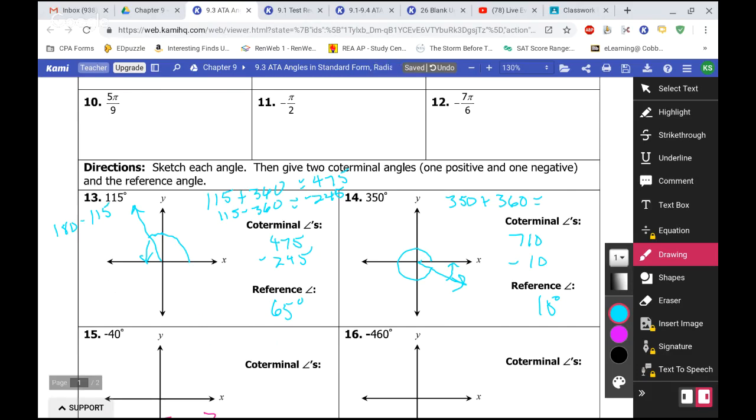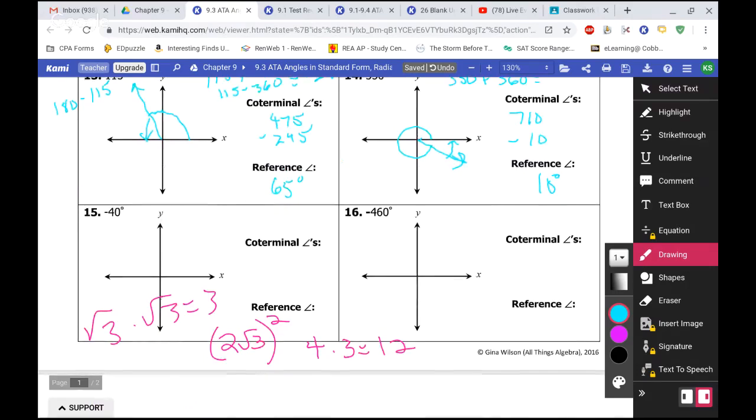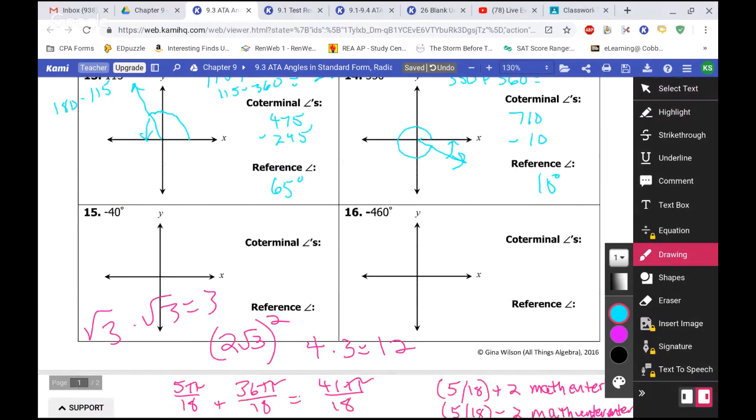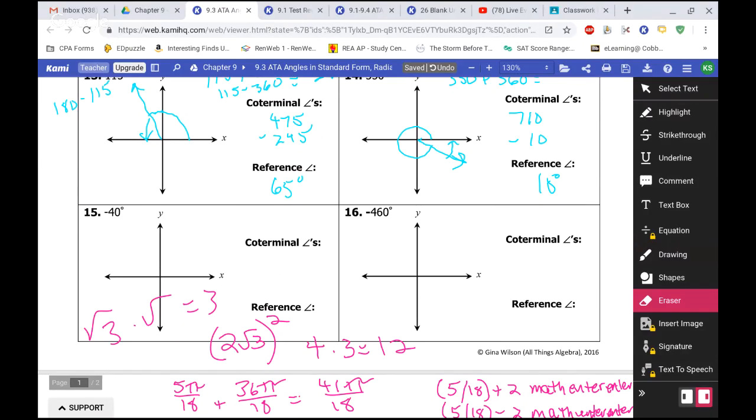Okay. The next one, add 3. So you want me to keep doing these, right? Can I do the next one quietly and then check it with you just to make sure that I'm getting it? Absolutely, because my eraser isn't working. There we go.